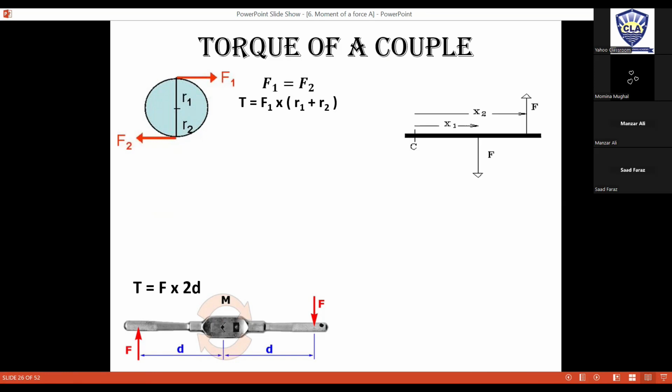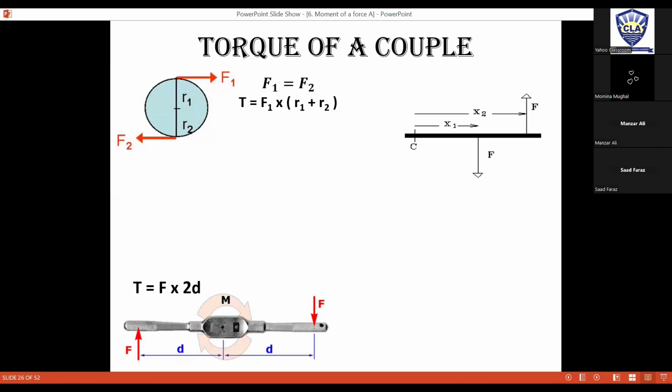Again, we have two forces equal in magnitude, opposite in direction. But interestingly, they are not creating the same direction of turning effect. Will it still be a couple? Yes, it is a couple because it fulfills all the requirements. They are equal in magnitude, opposite in direction, and not along the same line.